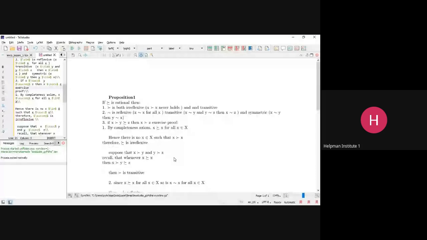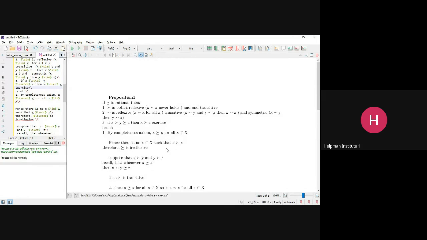All right, so the third proof there is left as exercise. You can prove it at your convenience, so it's an exercise. Don't forget.